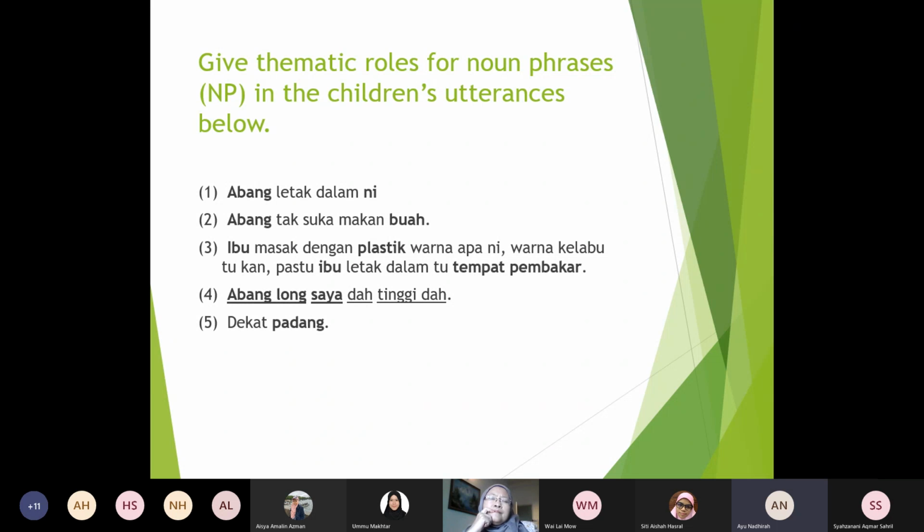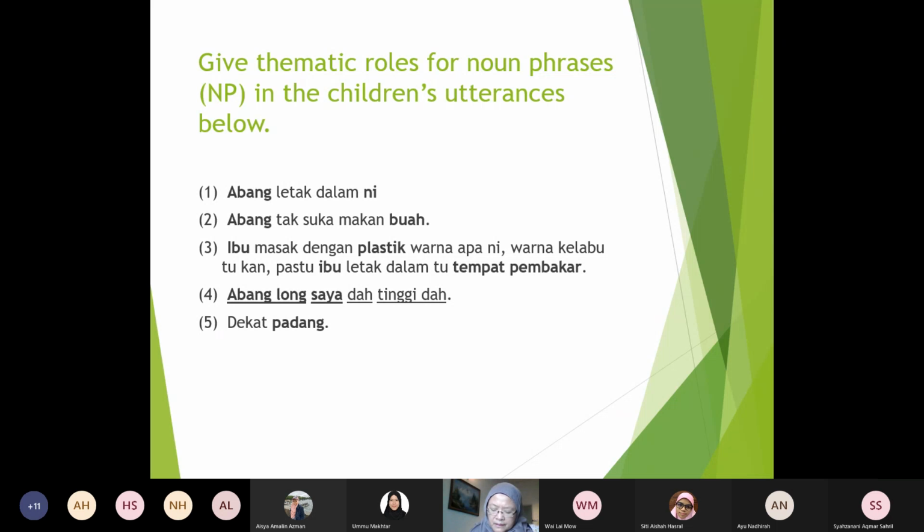Doctor, if it's an object, is object under thematic roles? No, dia panggil theme. Okay, theme. So kalau kita kata ibu masak guna plastik, masak is a verb, guna is a verb, and then plastic gets to be an object.